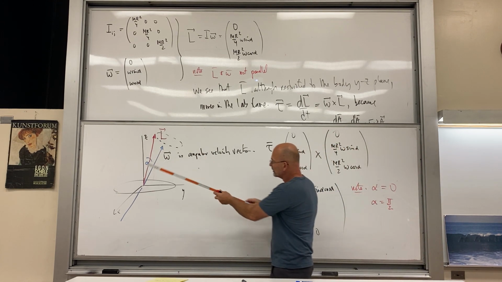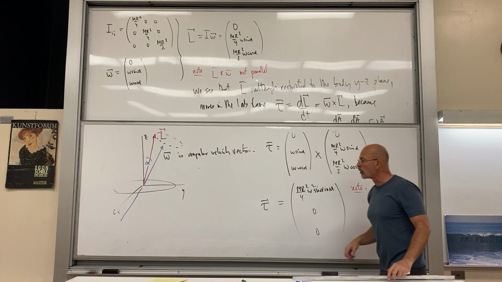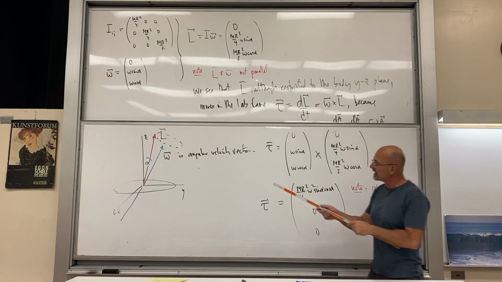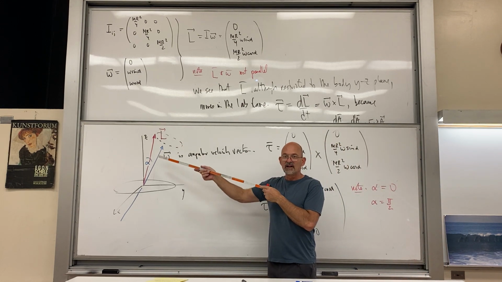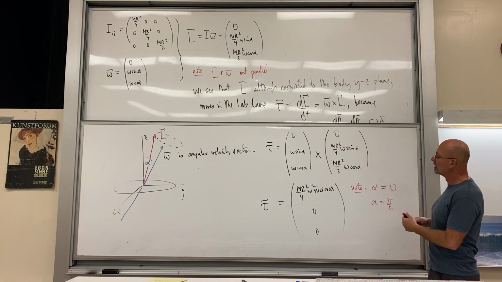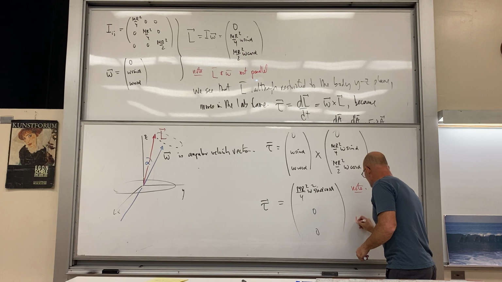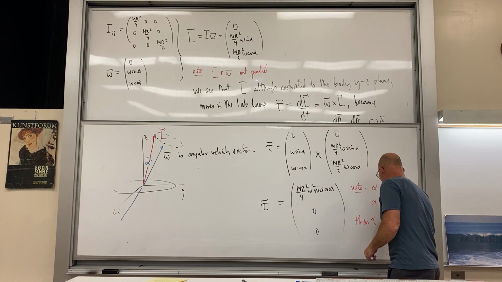That would mean we're spinning it around this axis here, and again, we're not going to have that wobble because omega and L will be parallel in those cases. So then torque equals 0.